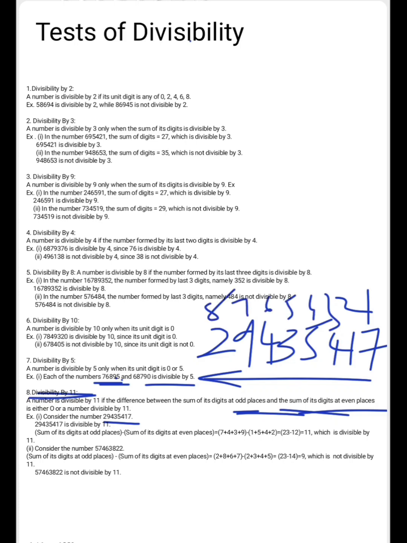We need to add the sum of the odd-place digits first, that is the 1st, 3rd, 5th and 7th places: 7 plus 4 plus 3 plus 9. This gives us a value of 23.